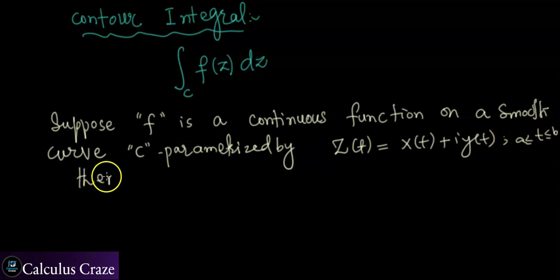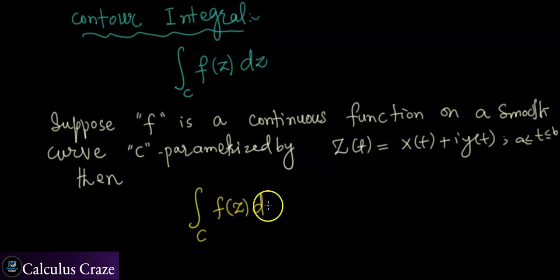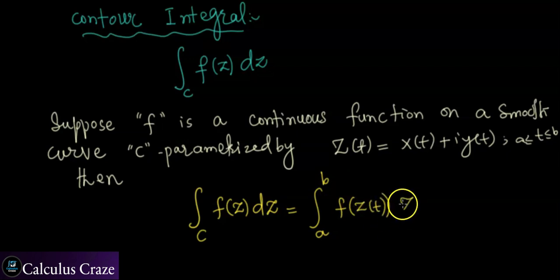Then my complex integral over a contour of a complex valued function is given by the integral from a to b of f of z of t multiplied by the derivative of z with respect to t dt.